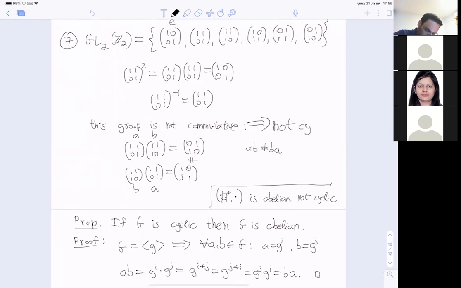There cannot be a matrix here that generates all the others, because it's not commutative, and if it were cyclic, it would have been commutative.